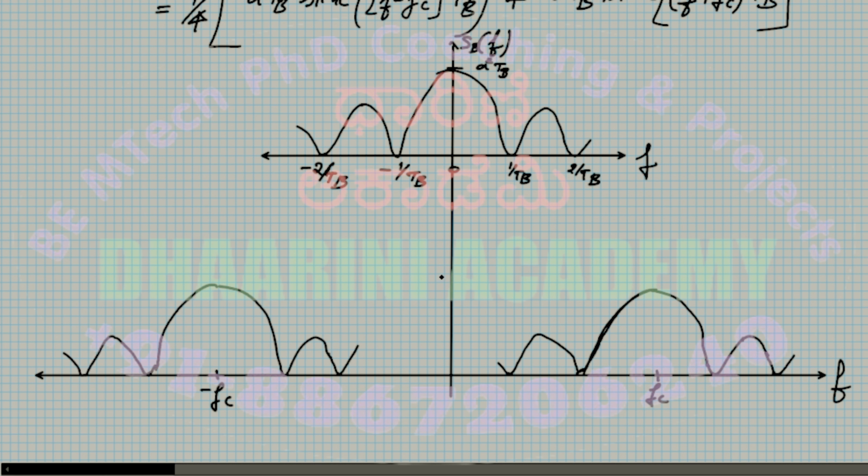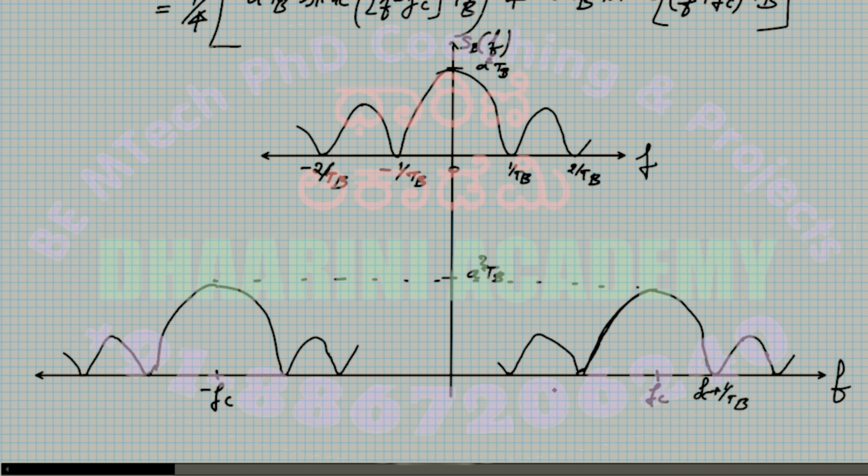This amplitude I can write as A square TB, the same amplitude on both sides. And this is FC plus 1 by TB, because everything moves to either plus FC or minus FC.